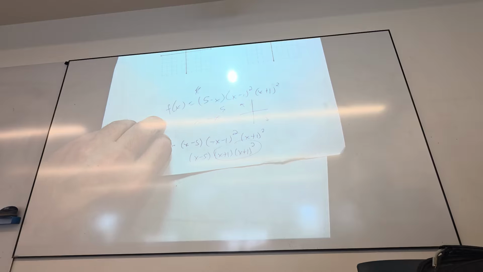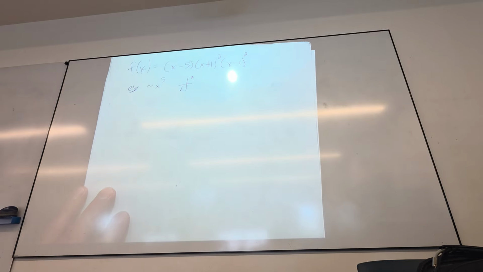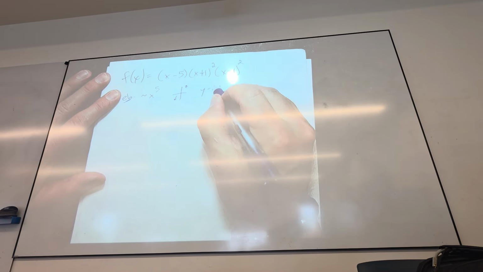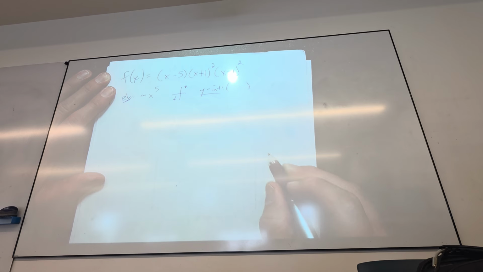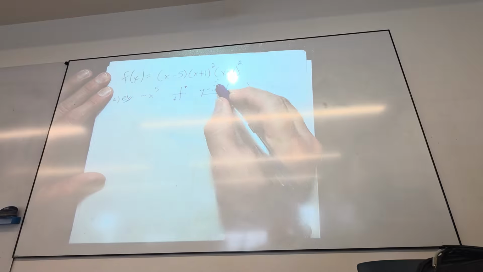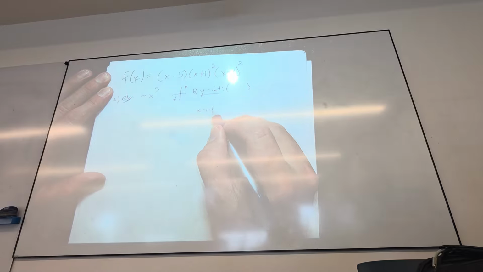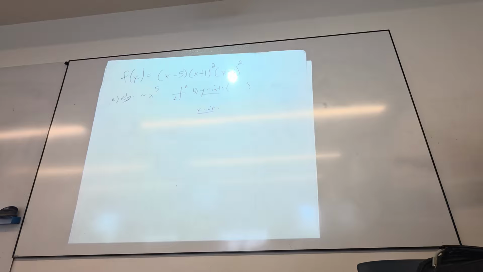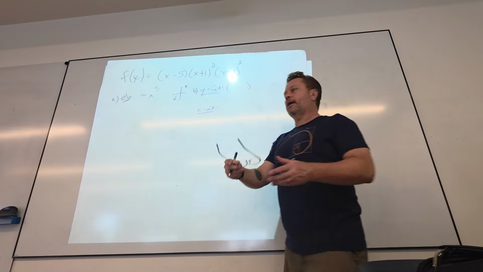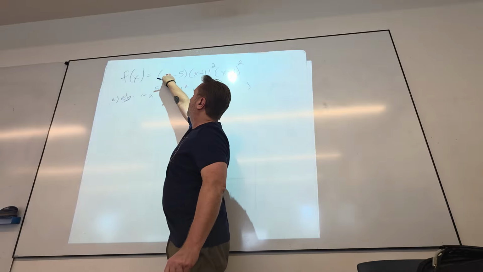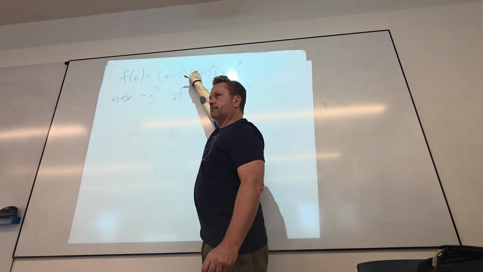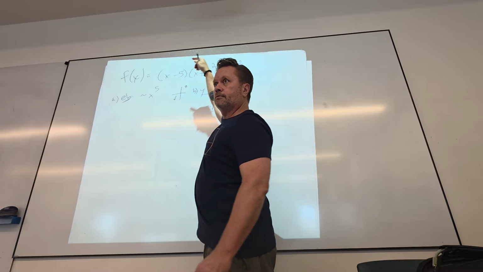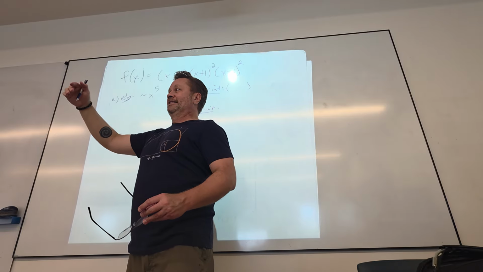Okay, I like it. So, can anyone tell me the y-intercept? How do you find the y-intercept? You make x 0. So you get negative 5 times 1 squared times 1. So what's negative 5 times 1 times 1?